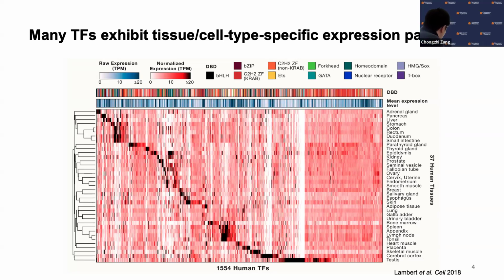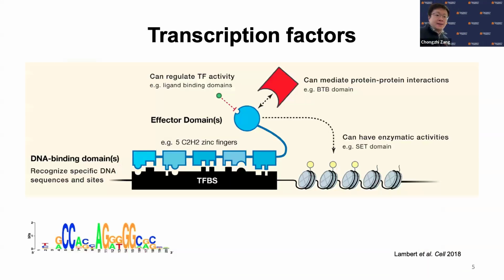So this plot shows the expression level of the transcription factor gene itself. We can see that many of them have a very cell type specific feature, which means that they are only expressed in one or several selected cell types. So transcription factors are highly cell type specific.